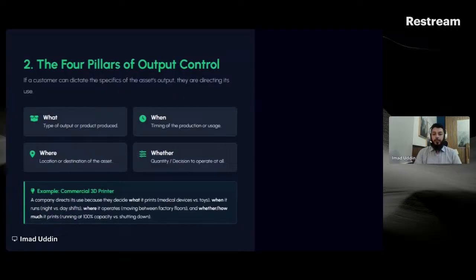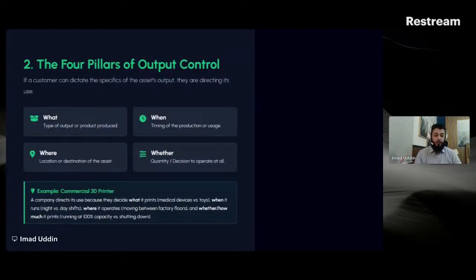So here is a quick example. A company directs the use of a 3D printer because they decide what it prints. For example, it could print, let's say, toys or maybe devices. When it runs, for example, it could be running on a day shift or night shift. Where it operates, it could be operating on floor one, floor two, or floor three.